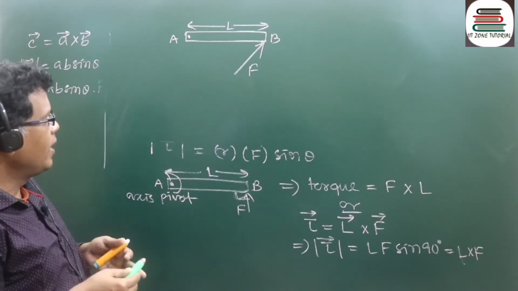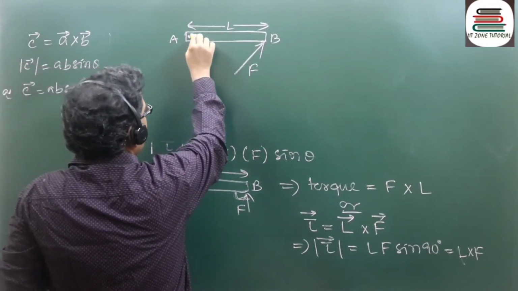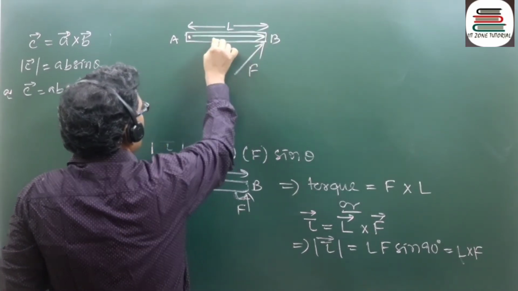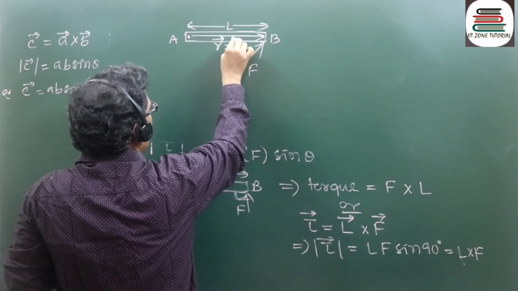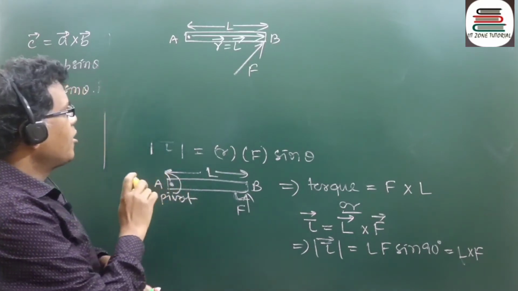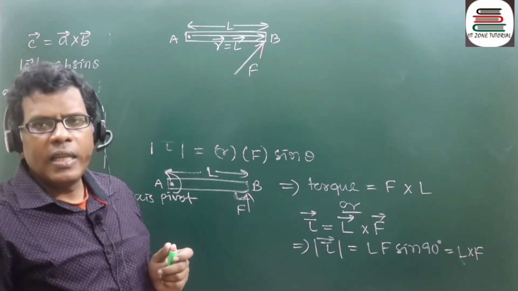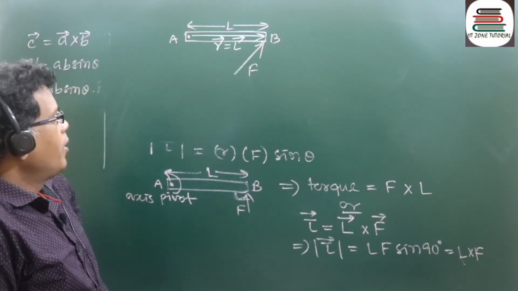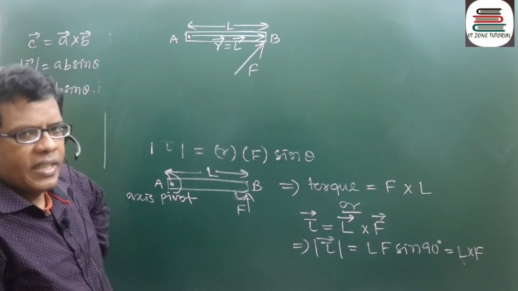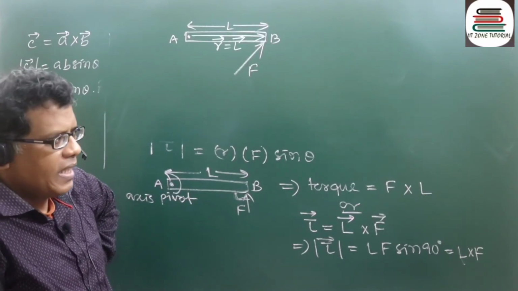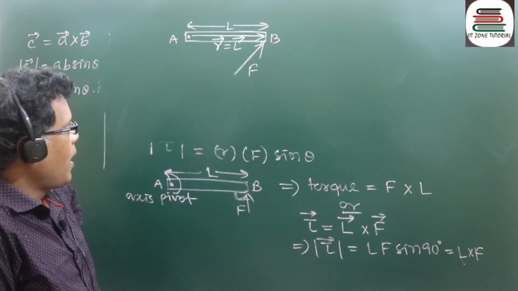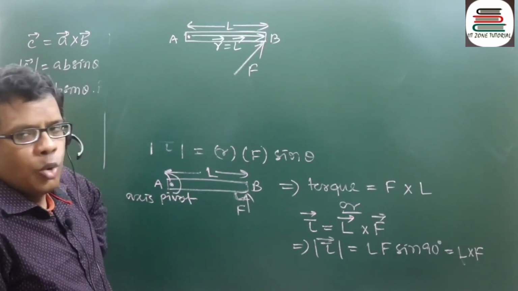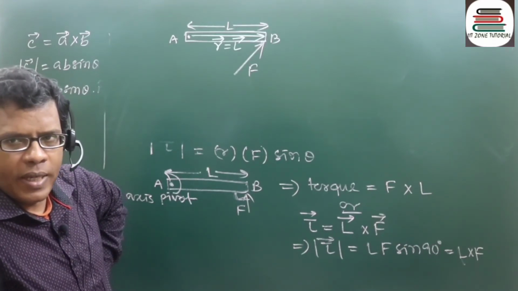This time the radius vector is equal to the L vector. The length of the rod is the radius vector. That means the radius vector will be basically the vectorial line from the axis of rotation to the point where force is applied, right?